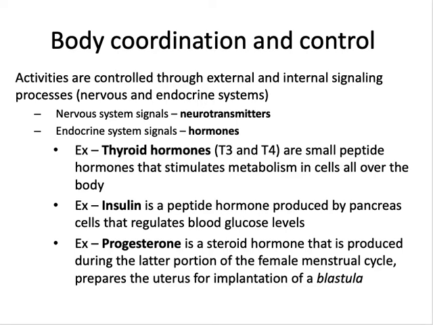I do have in your study guide that you should know a little bit about hormones. So we're not going to cover the endocrine system as a whole, but let's go over just some of those examples of hormones. So thyroid hormones are secreted by the thyroid gland, and these are peptide hormones that are involved in regulation of cellular metabolism.